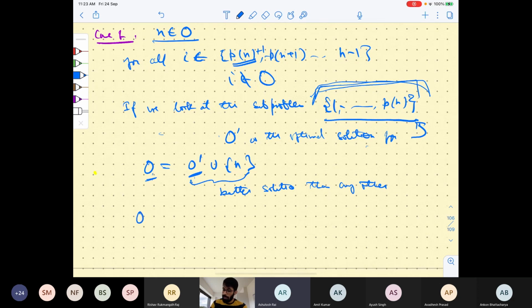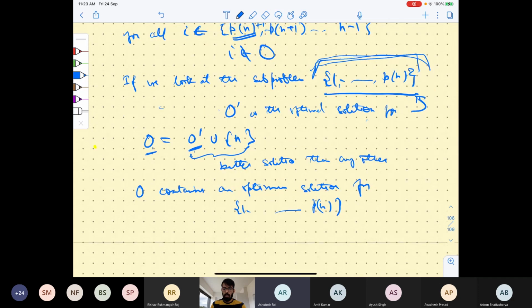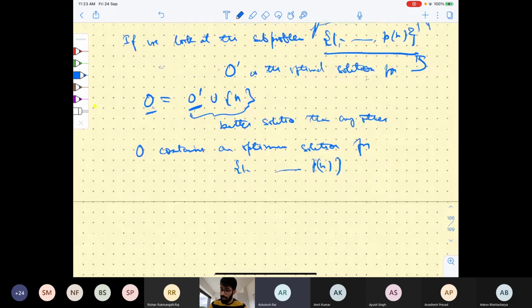Or we can say that O contains an optimum solution for 1, 2, 3. Okay, so this case is fine.